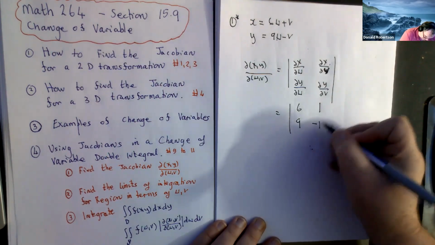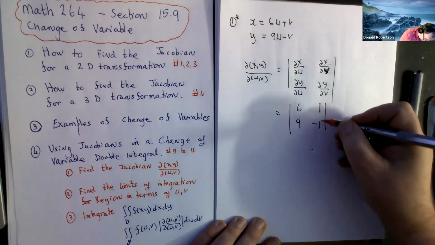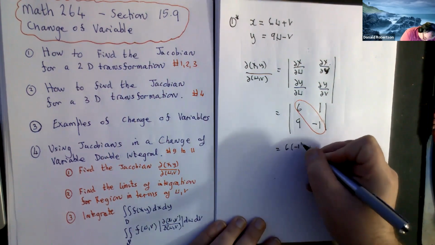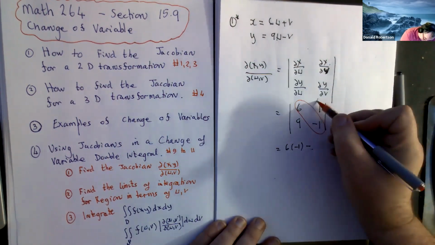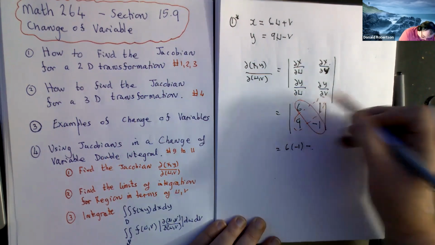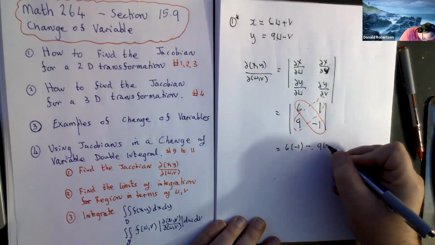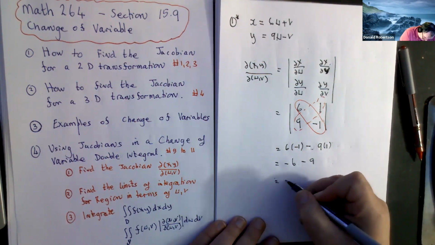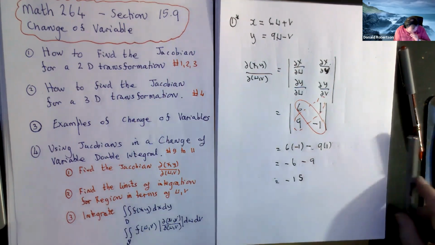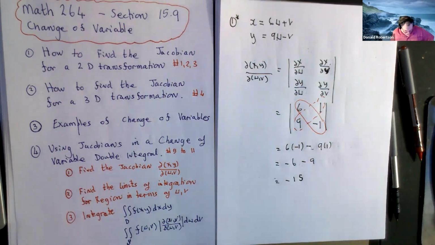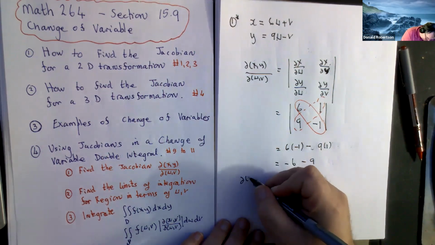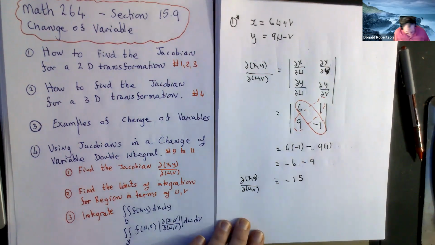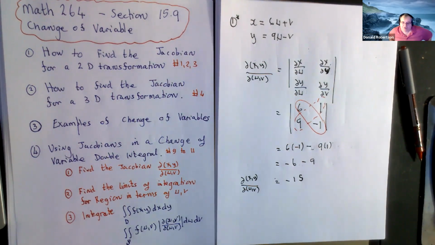And with respect to v, you get -1. So the major diagonal goes first: 6 times -1. Take away the minor diagonal, which is just 9 times 1. We get -6, take away 9. The answer is -15. So our Jacobian ends up being the number -15.